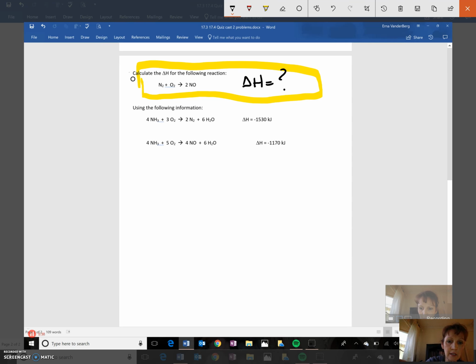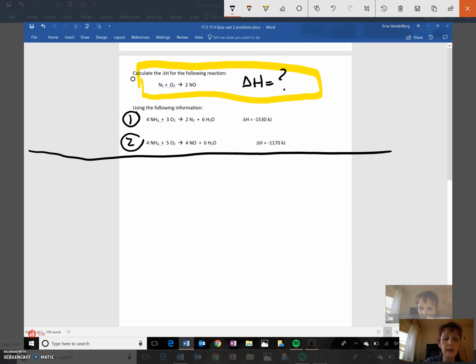So what we're given is two related reactions, and I've asked you to number them 1 and 2, and then to compare 1 to the original and 2 to the original to decide what you're going to do to equation 1 and equation 2.